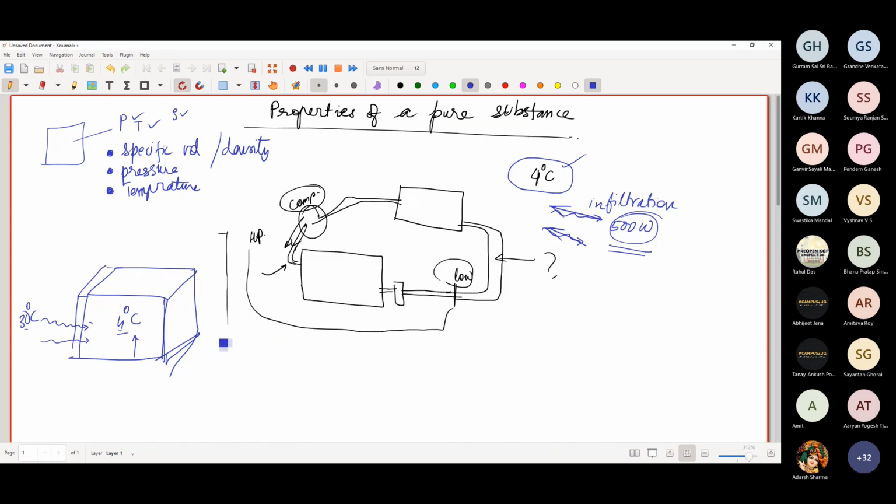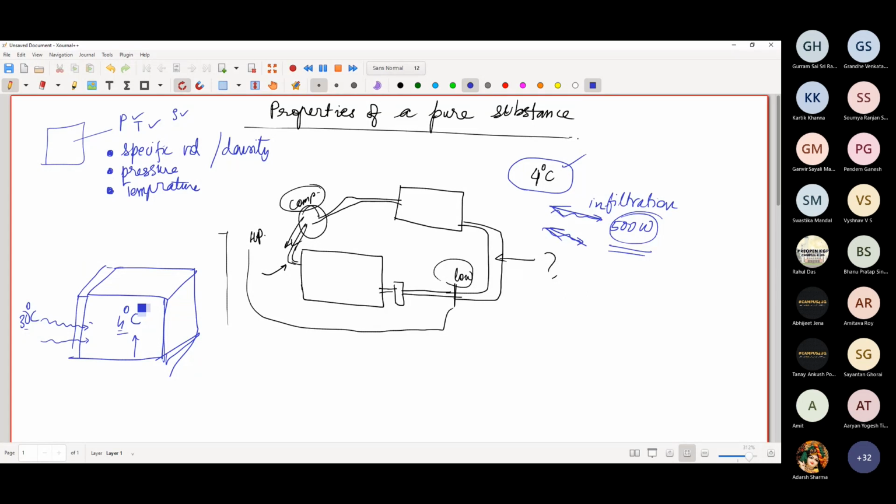For example, in a refrigerator, you are maintaining 4 degrees Celsius, say the milk zone, whatever you call it. Someone is opening the fridge, someone is closing the fridge, some vegetable is absorbing more of the cold than the others. Stuff like that keeps on happening. So you need to always account for this kind of heat transfer requirement.